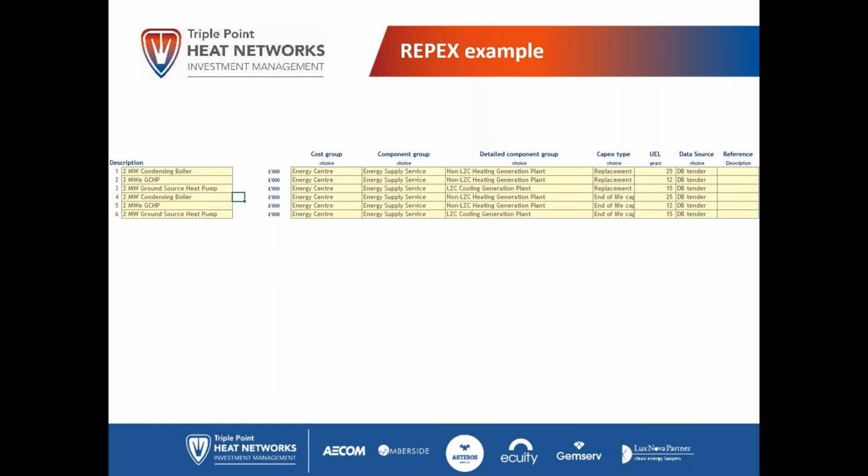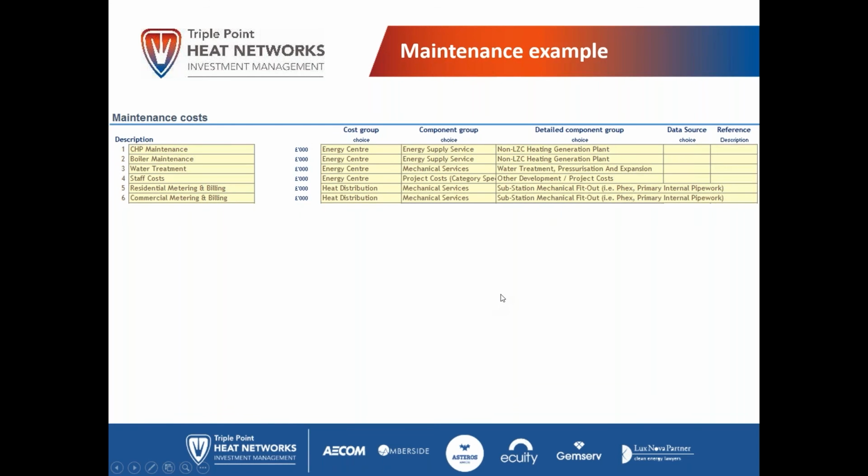In terms of RepEx, this is inevitably much less of it because typically there's only key plant items which will be replaced, and we'd expect to see them fairly clearly shown, the major items. And similarly, we'd expect to see maintenance costs.